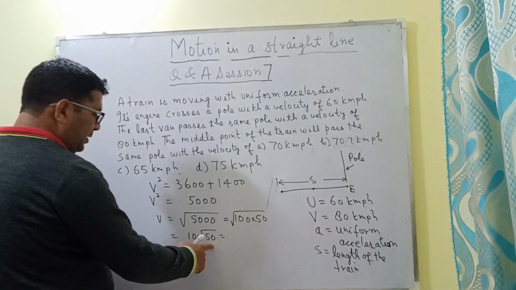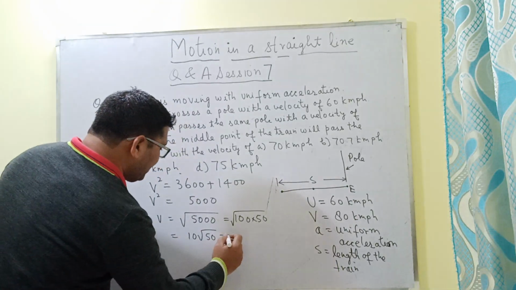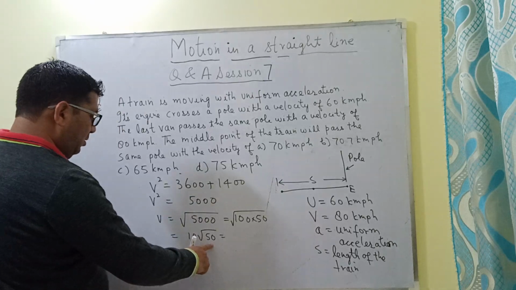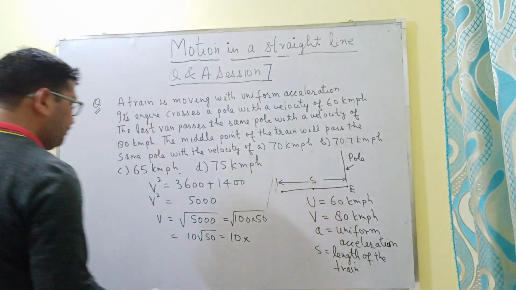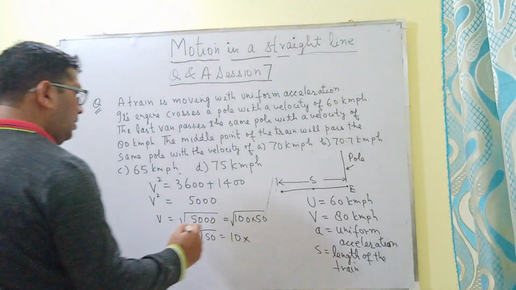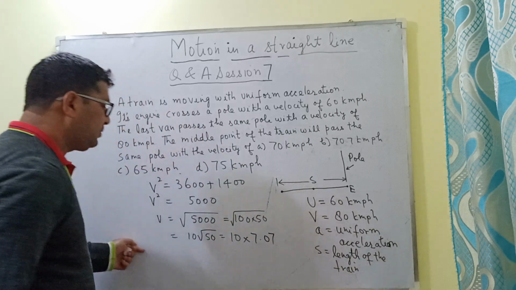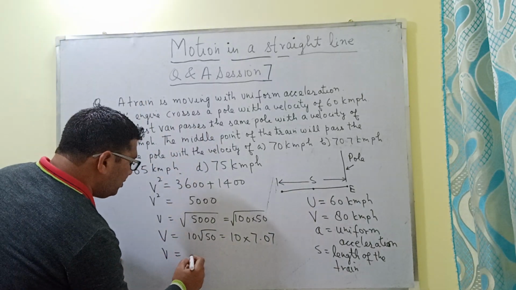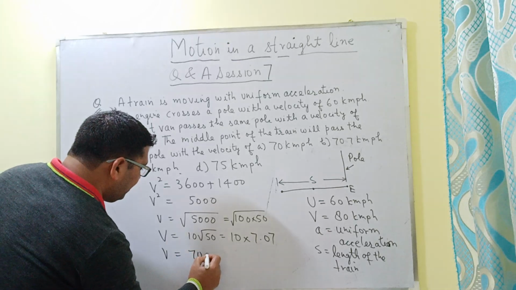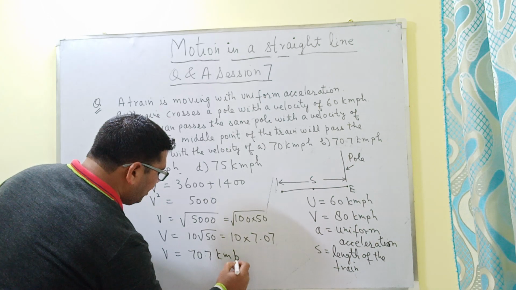The value of this root 50, if I take the under root, will be approximately 7.07. So V will be equal to 70.7 km per hour.